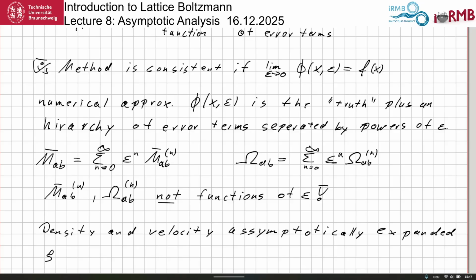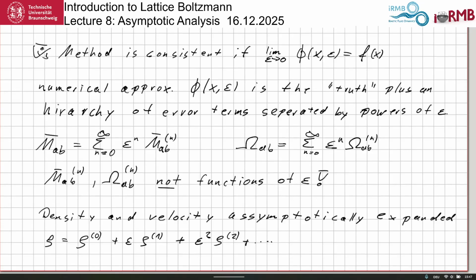Now we have an order 0 part, epsilon times the order 1 part, epsilon squared times the order 2 part, and this goes on. The same thing holds for the velocity. This again is the numerical outcome.